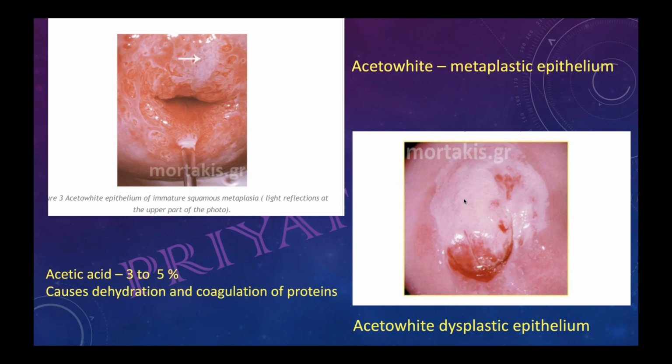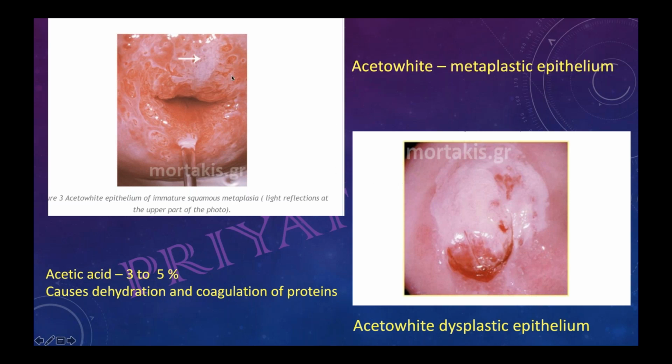Because of that, there will be increased coagulation of protein, and therefore thick whiteness. If there is so much thick whiteness, we suspect we are dealing with a high grade change. So this is the acetowhite appearance of dysplastic epithelium.